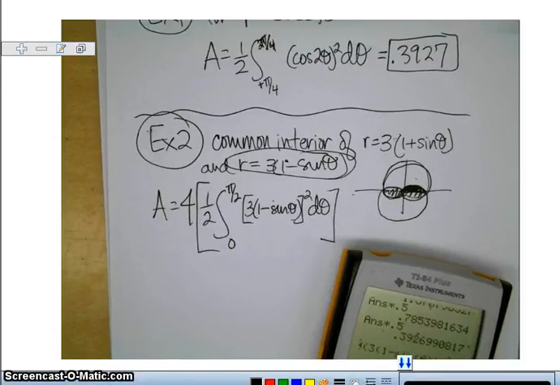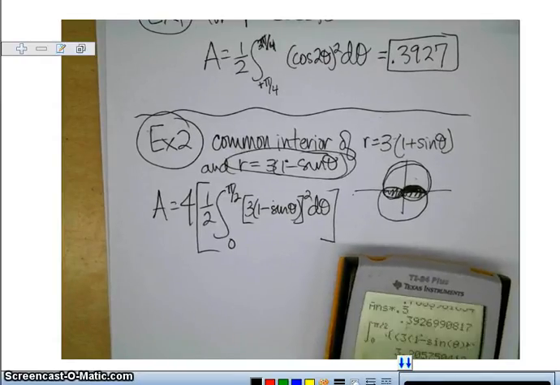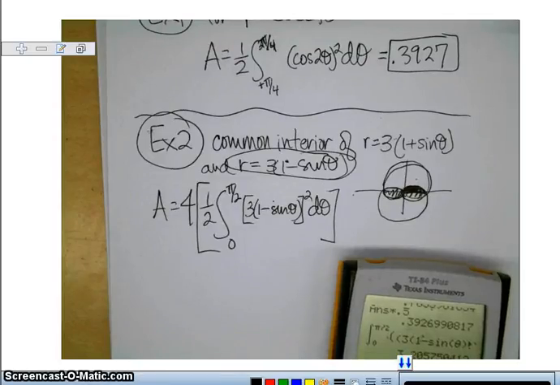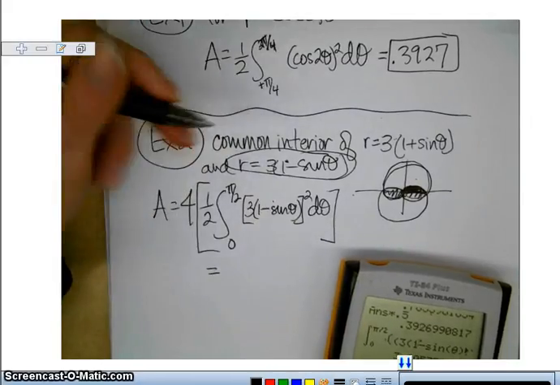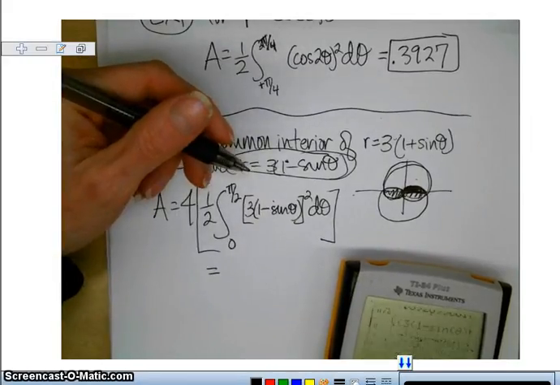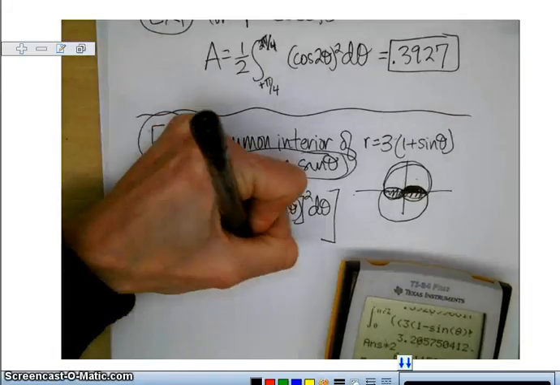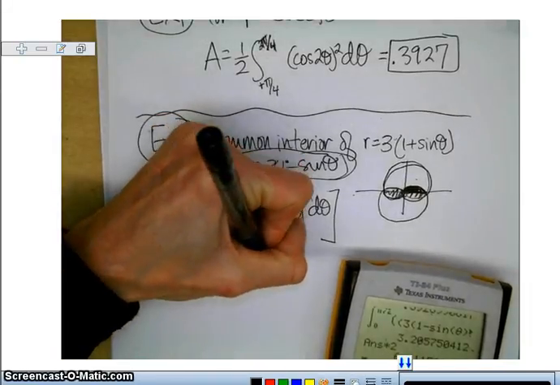Got to make sure you're squaring the 3 too, otherwise change it to a 9. And then what do I need to multiply that by? 2. Times 1/2 times 4 is times 2. 6.4115.